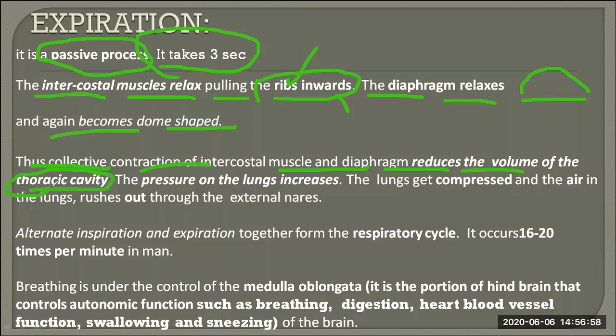We know very well, when these intercostal muscles get relaxed and the diaphragm also relaxes, the thoracic cavity volume gets reduced. When the volume gets reduced, the pressure on the lungs increases, the lungs get compressed, and the air rushes out.